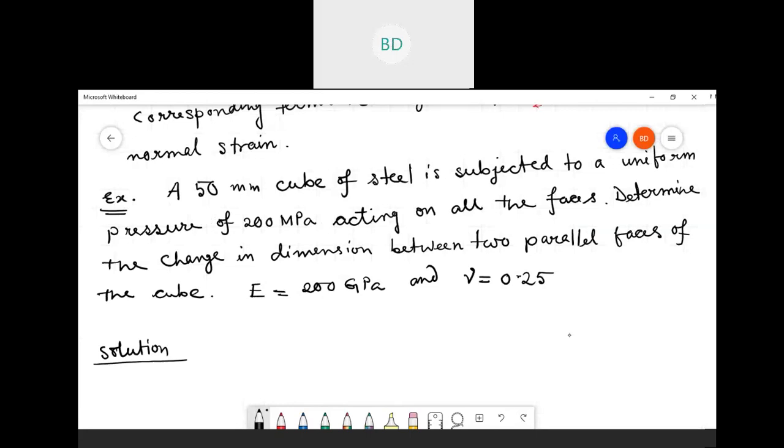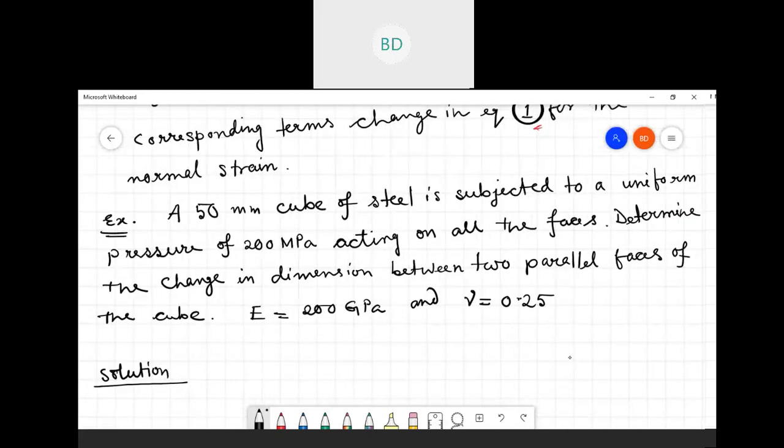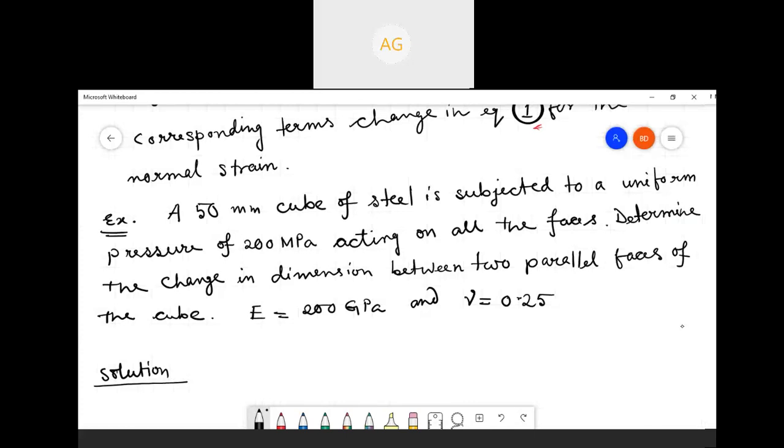So the value of E is also 200 GPa, gigapascal.